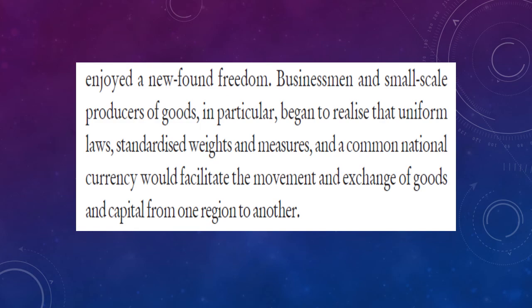At that time in France they had 1,000 varieties of currencies and different types of weights and measures. Suppose 1 kilo of apples may contain five apples in Kerala, while the same weight will become more than 10 in Tamil Nadu. So the weight was different, the measures were different, the currency was different.